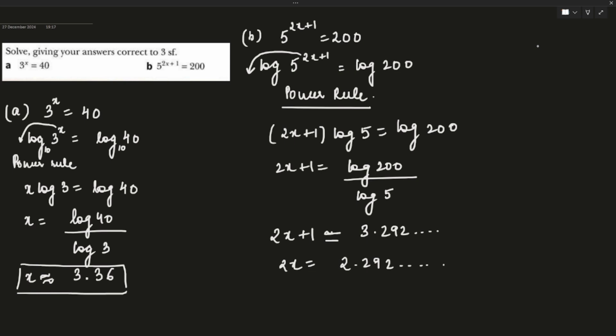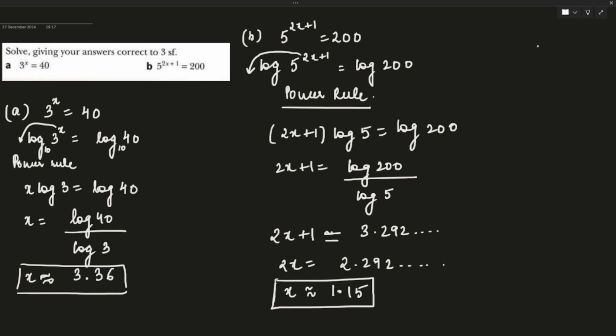So x is approximately equal to 1.15. Because we have taken logs, you'll get an approximate value of x. Hence you have been asked to give your answers correct up to three significant figures. So x will be approximately equal to 1.15.